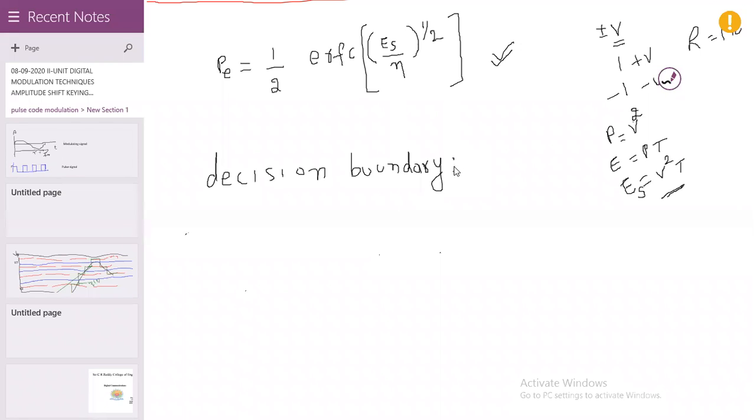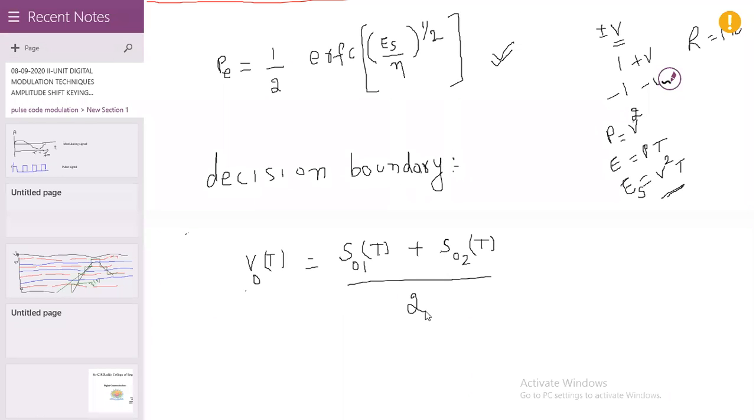So in the decision boundary, V naught of T equals S naught 1 of T plus S naught 2 of T, divided by 2.